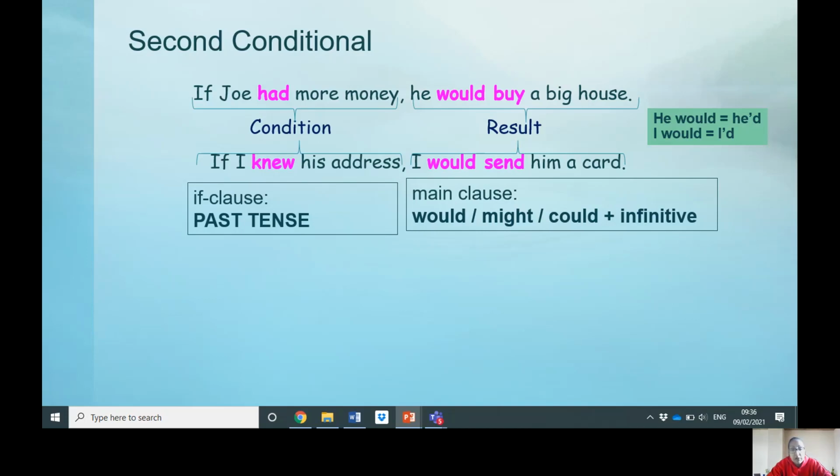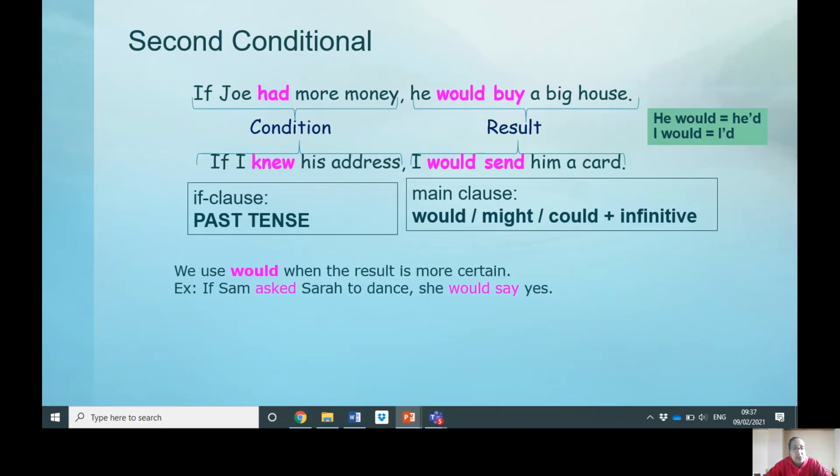The result clause or the main clause is usually formed with would plus the infinitive, but instead of would, we can use might or could. We can also change the parts of the sentence around and use the result clause first, followed by the condition clause, in which case we don't use a comma.